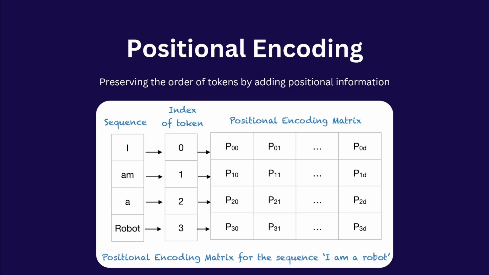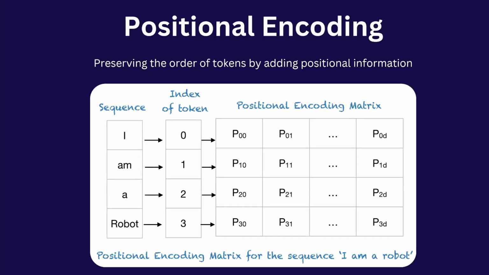It involves adding positional information to the token embeddings, allowing the model to understand sequence relationships between tokens in the text. So positional encoding is vital for the model to generate contextually appropriate and coherent responses.